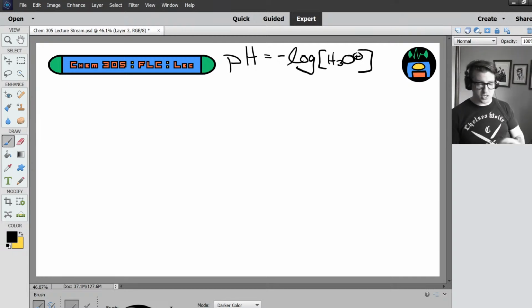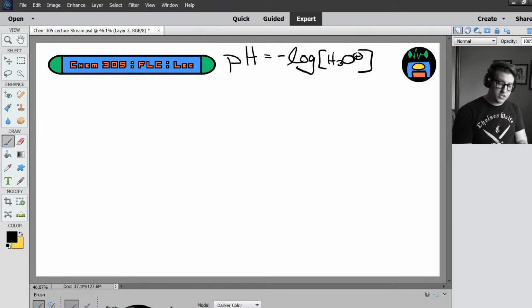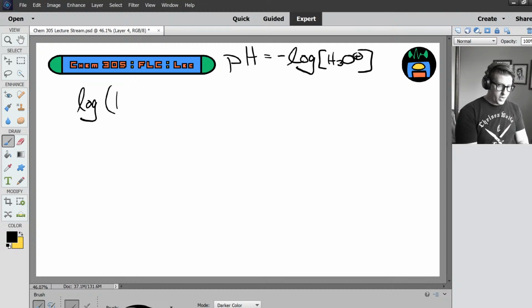Okay. Peyton, great question. So what the log function does is, you'll notice if you take the log of, let's just take 1 times 10 to the third. The logarithm function, if this is 1, the solution is whatever your exponent of 10 is.